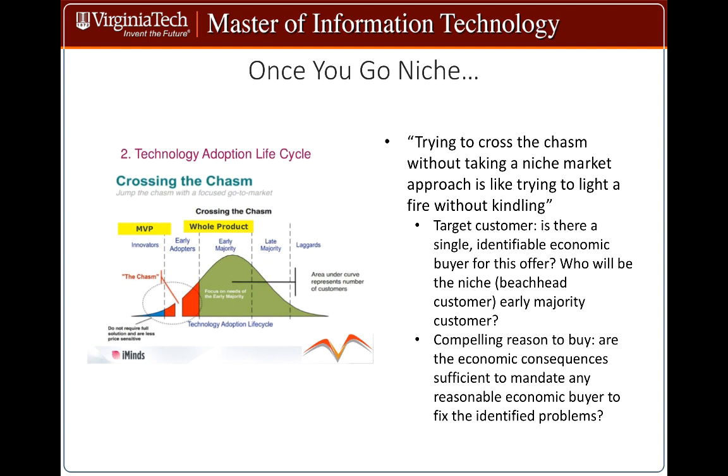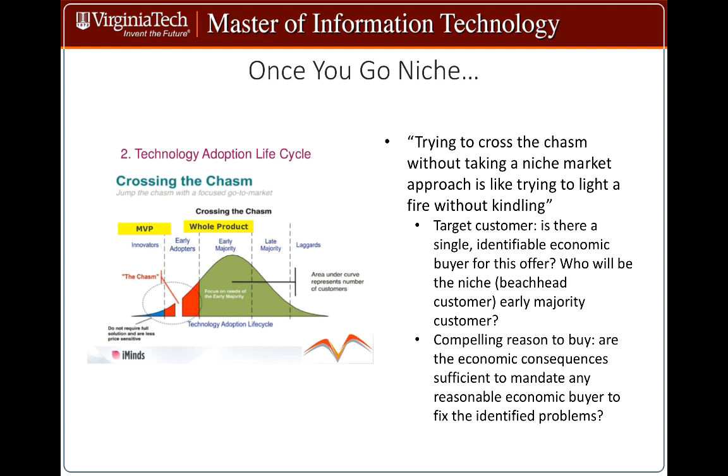Within that, we've talked about the niche approach. We've talked about identifying a target customer, a single identifiable economic buyer, the beachhead customer that we can use to get traction. We've got to give them a compelling reason to buy, and we've talked in detail about the economic consequences that would attract a mainstream customer to purchase.